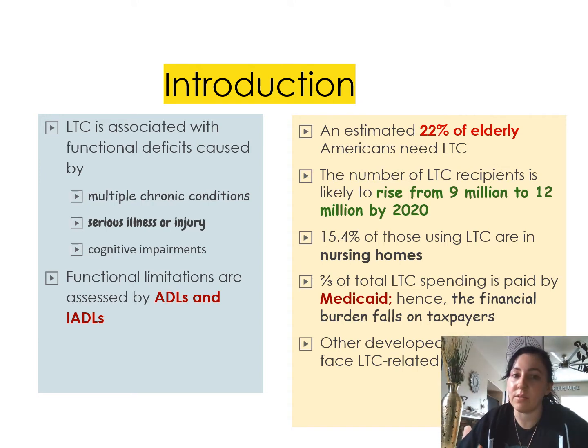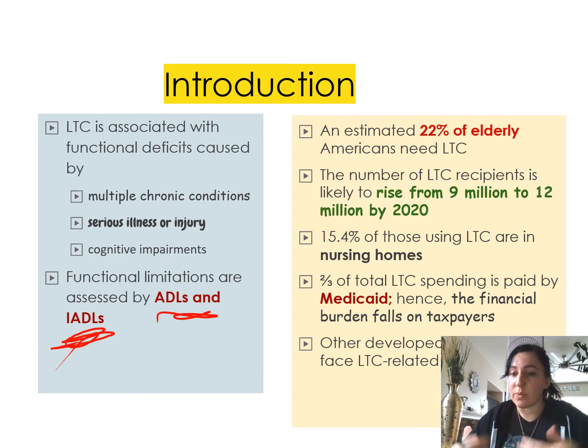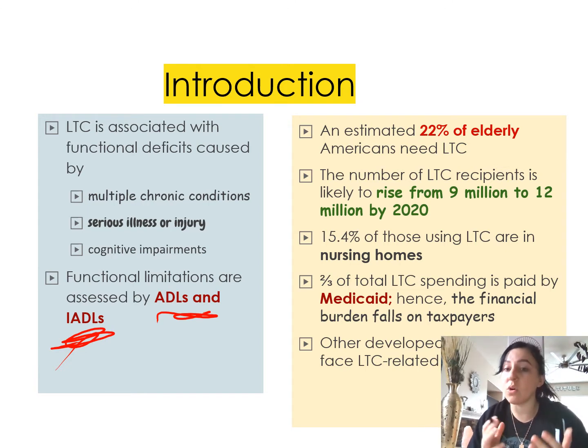It can also be as a result of a serious injury or any kind of cognitive impairment, and maybe you have an intellectual disability, and as a result you need long-term care services. Okay, so remember the ADLs and IADLs? Remember those guys? Well, this is where we determine whether or not you require long-term care services, or which type of long-term care services you do require.